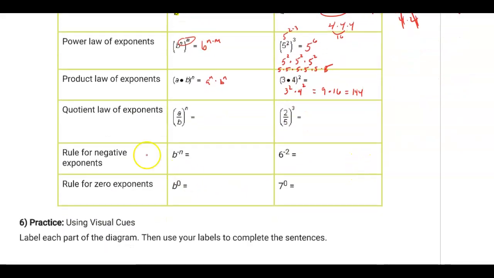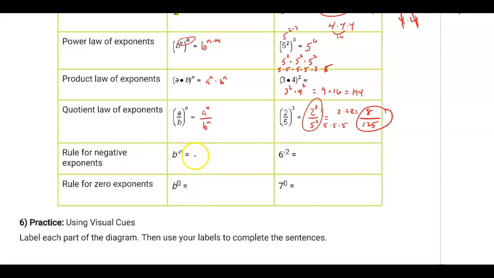When I look at this, I could do a to the n power over b to the n power. So here this would be the same as 2 to the third over 5 to the third, which would be 2 to the third is 2 times 2 times 2, which gives you 8 over 5 times 5 times 5 would be 125. This answer or this answer would be acceptable.